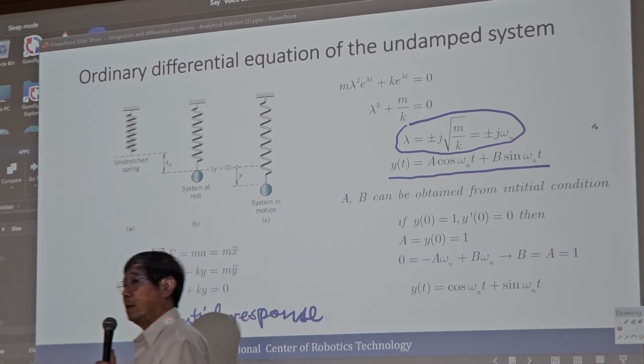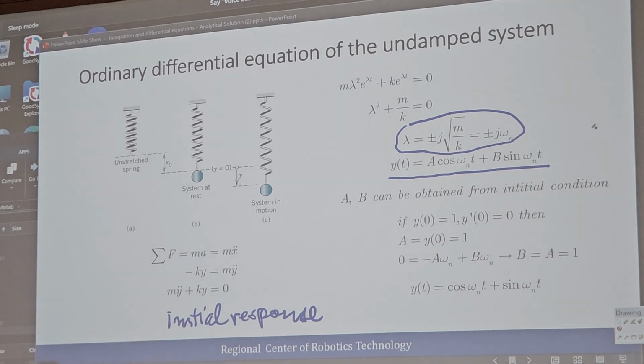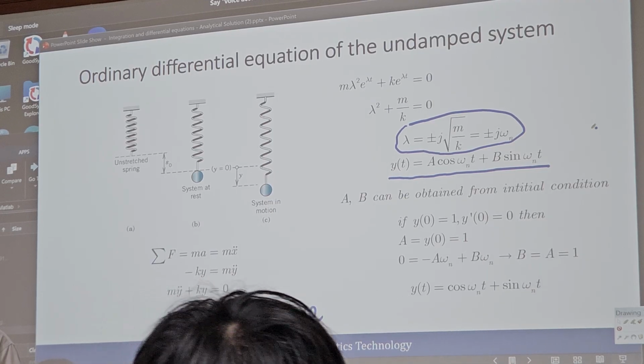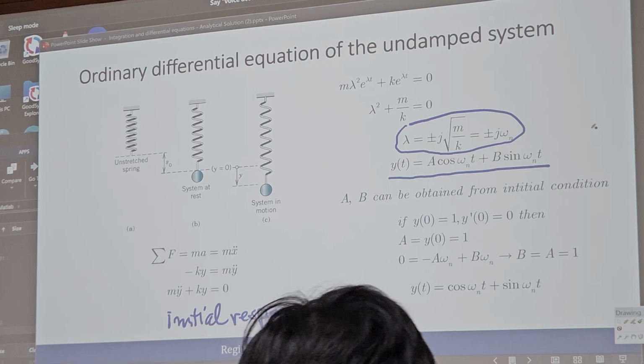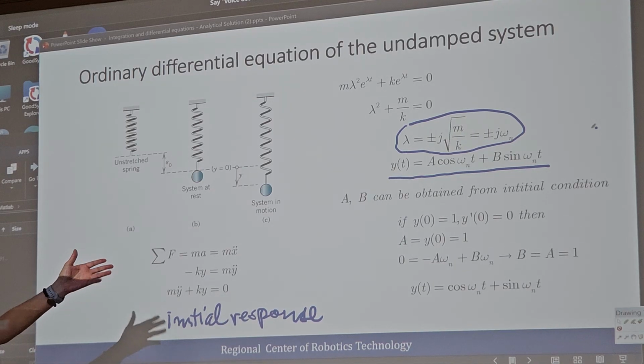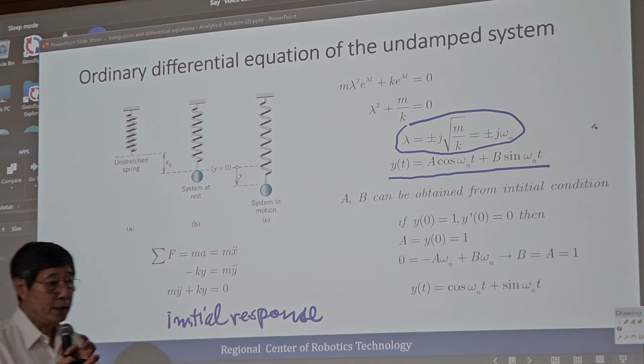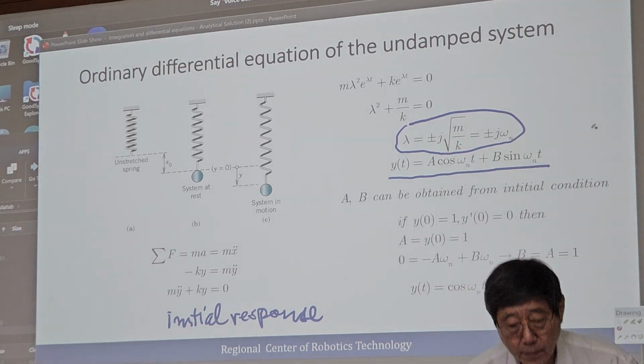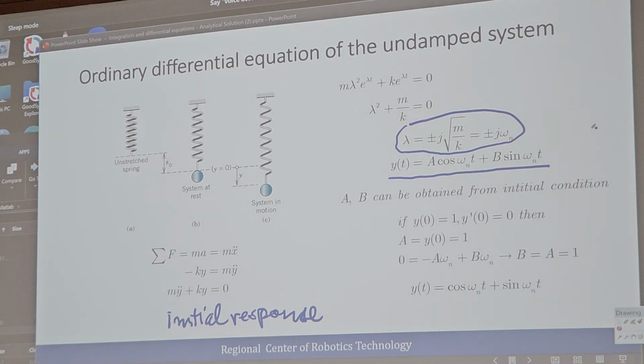Here, A and B can be defined by the initial condition. Let's see, they can be found from the initial conditions.